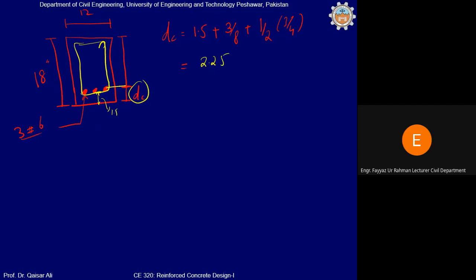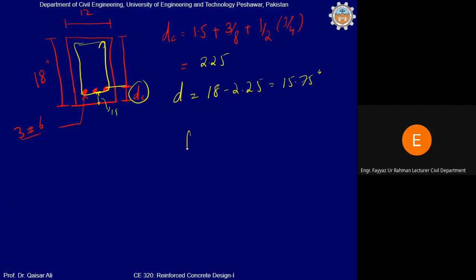So now from this you can calculate the effective depth, which is D. D is equal to 18 minus 2.25 inches. ये किसके बराबर होगा? जल्दी जल्दी बताइए, शाबाश। 15.75. Clear?